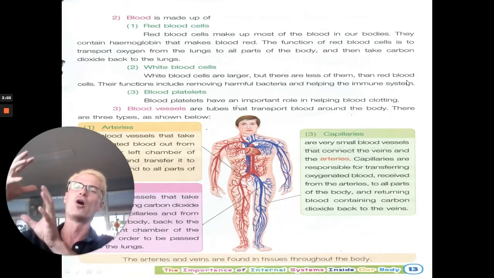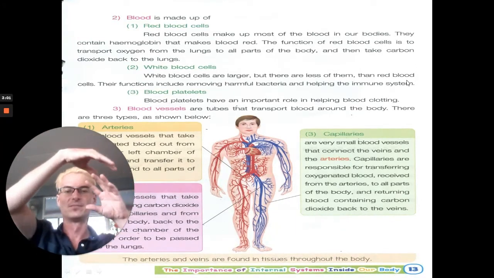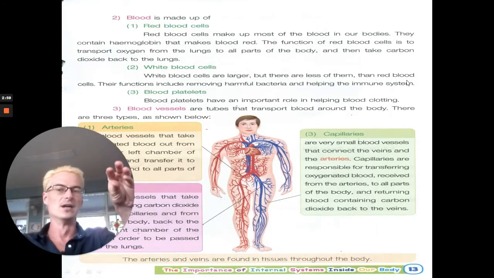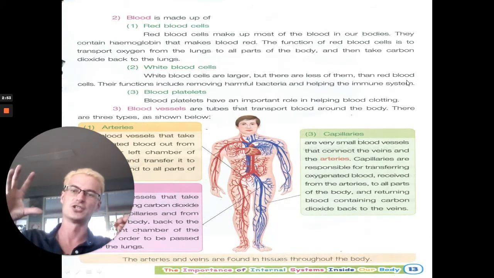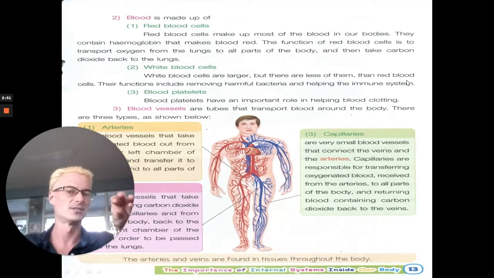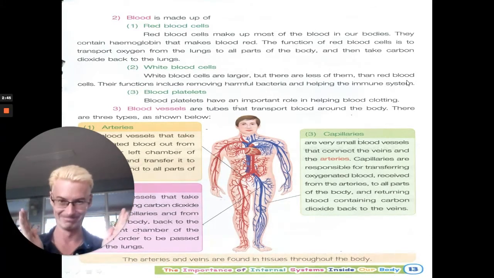Oxygenated blood all over the body, and blood containing carbon dioxide, like this. Oxygenated, carbon dioxide, and back. This is the function of capillaries. Over. Now guys, let's go next.